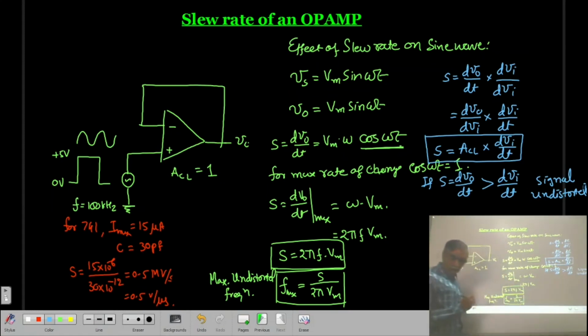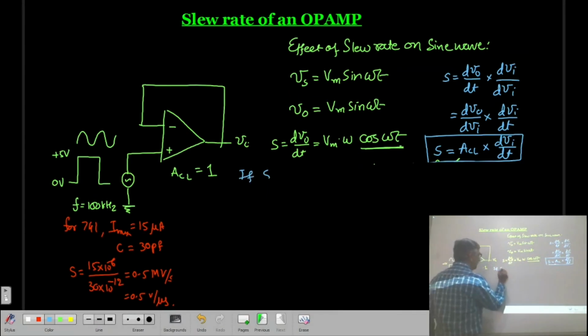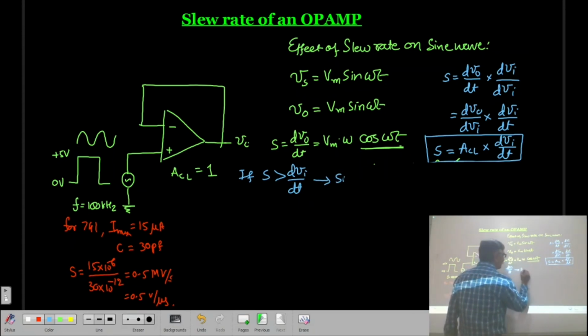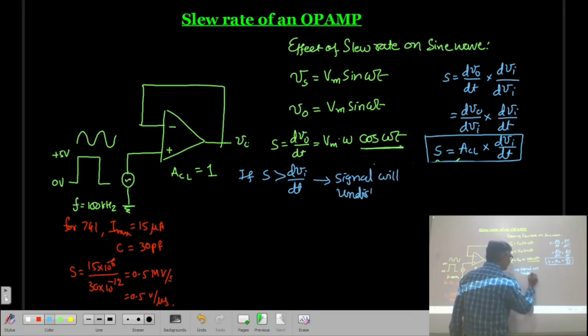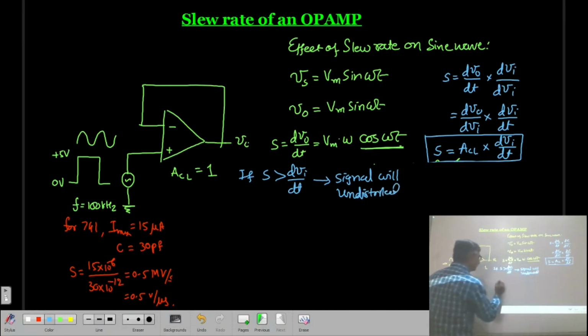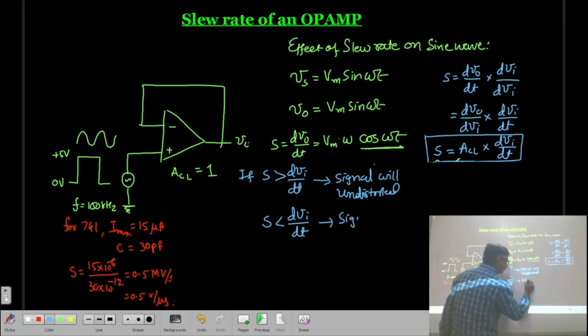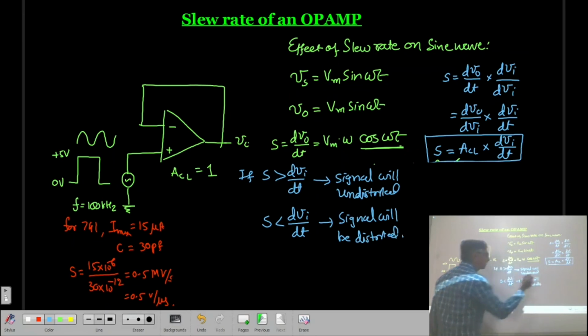And here I will write, if S is greater than dVi by dt, the signal will be undistorted. But if S is less than dVi by dt, the signal will be distorted. Remember.